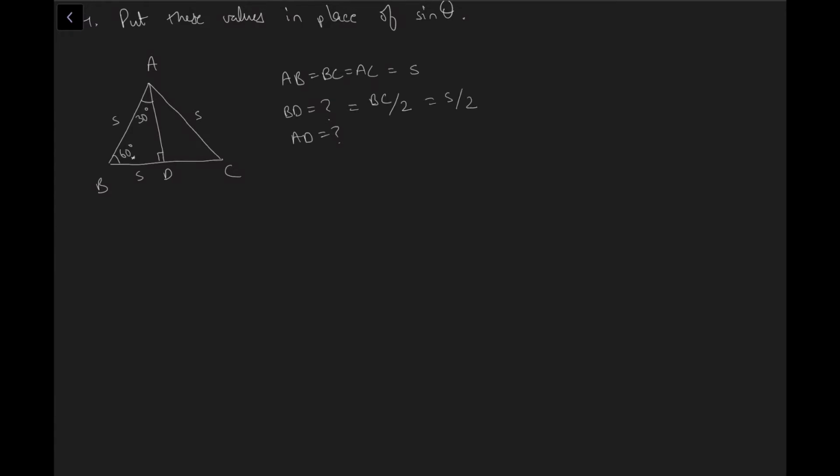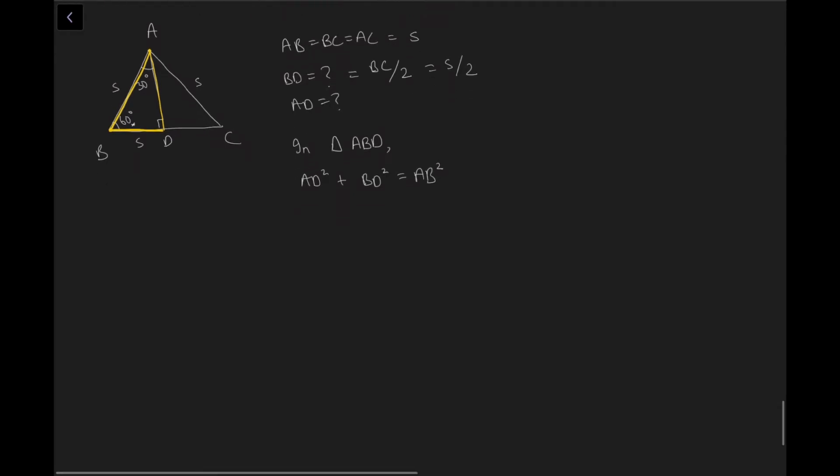Now for AD, we can actually use the Pythagoras theorem. So we can say in triangle ABD, we have AD squared plus BD squared is equal to AB squared because AB is the hypotenuse. So the triangle which I'm talking about is this one, marked in yellow.